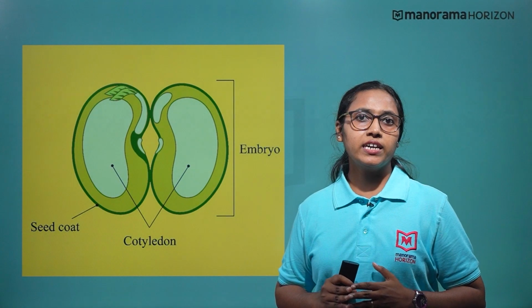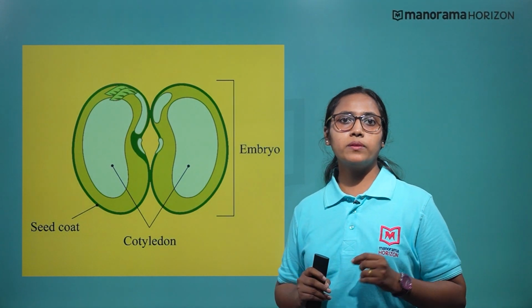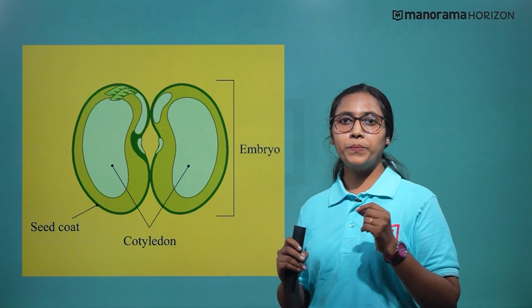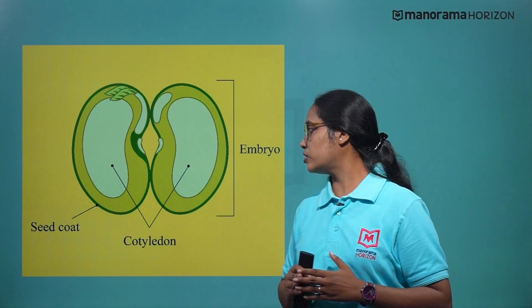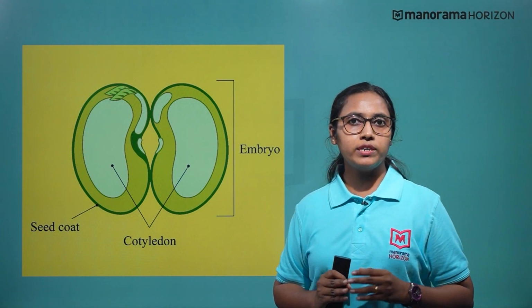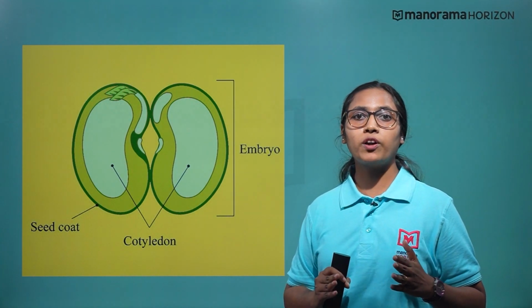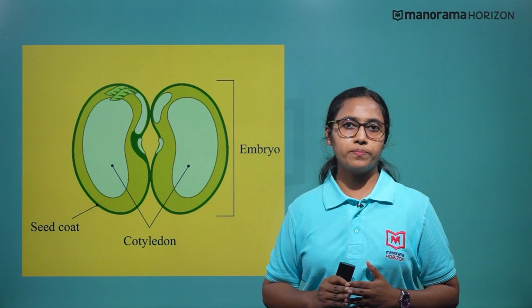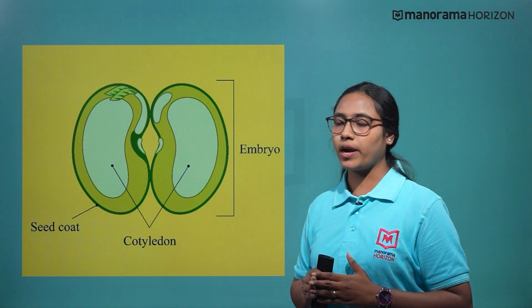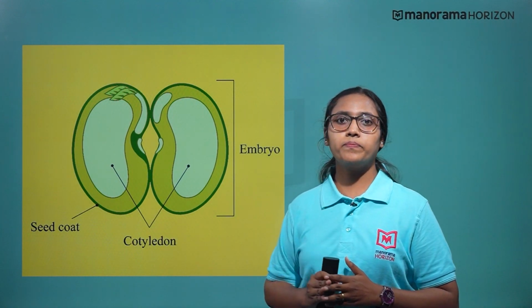Here you can see that the seed is covered by the seed coat, and inside it a young miniature plant is present called the embryo. The function of the seed coat is to protect the embryo from injury and drying out. You can also see another significant part of the embryo called the cotyledon.